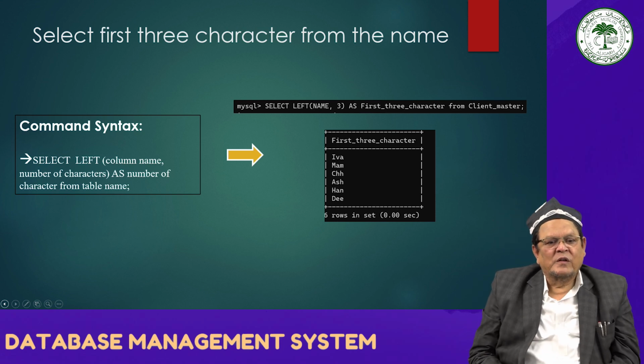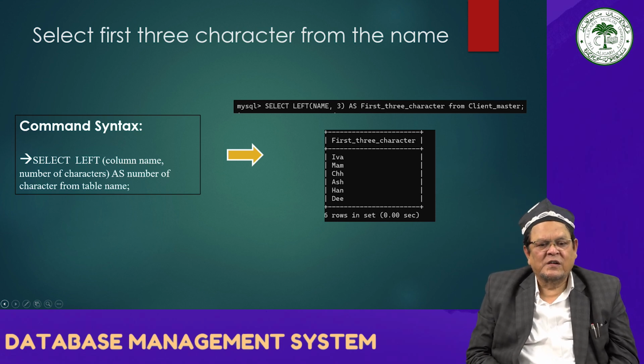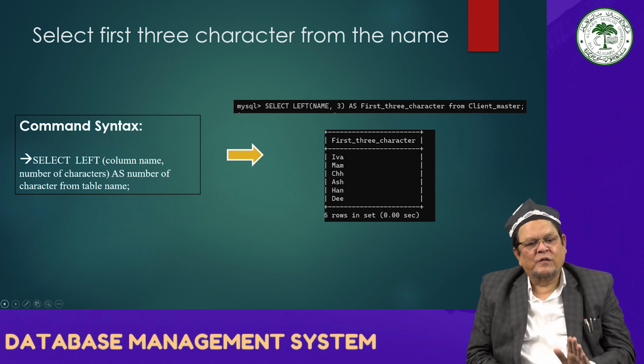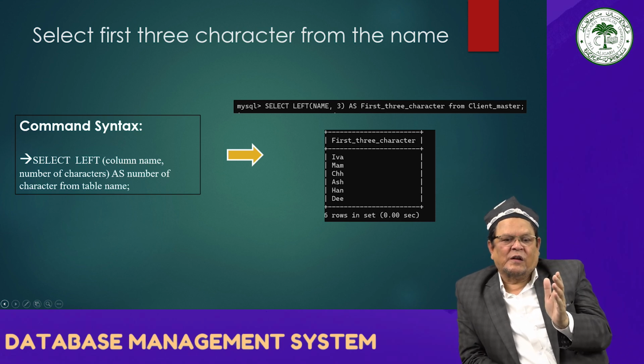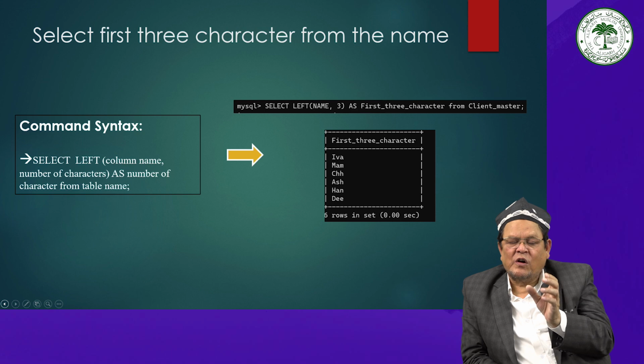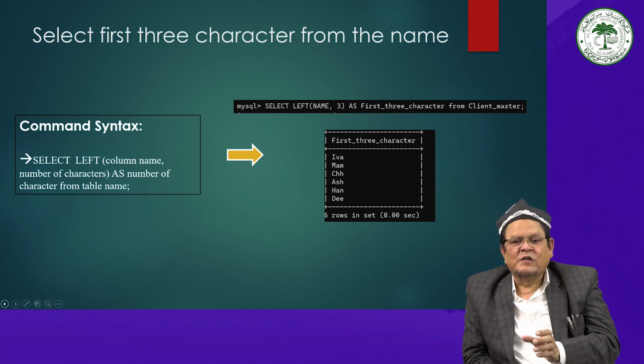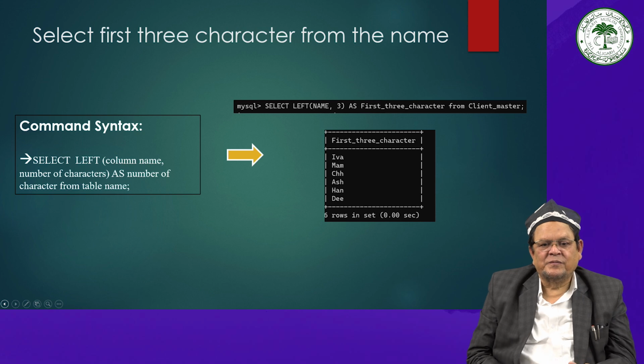The command syntax is select left, column name, number of characters, as, from the table name. You have to define select left, starting with the column name, and the number of characters, how many characters you want to select.